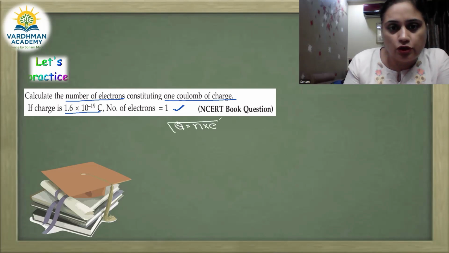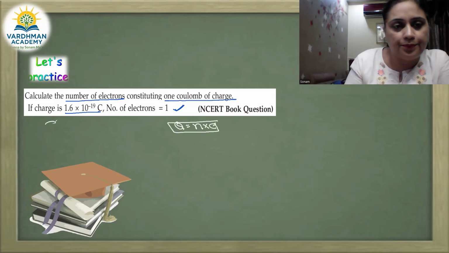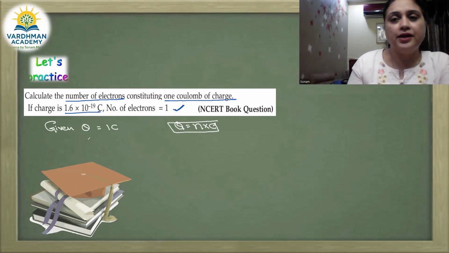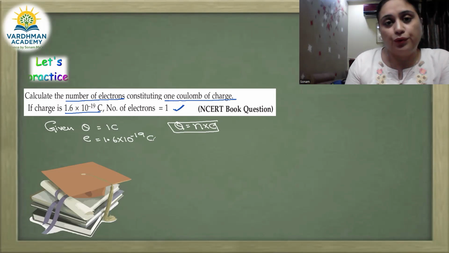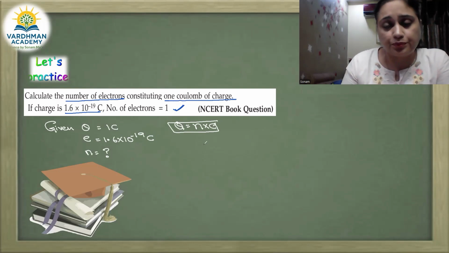Right, children? So हमारे पास given क्या है? Q, which is equal to 1 coulomb, right? And the charge on 1 electron is given by E, which is 1.6 into 10 raised to the power minus 19 coulomb, right? And what we need to find out? We need to find out the number of electrons, right, children?